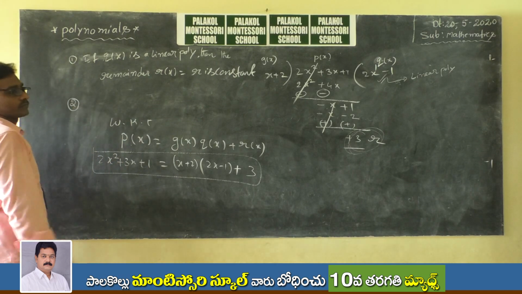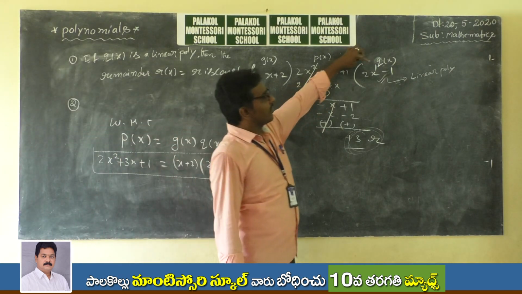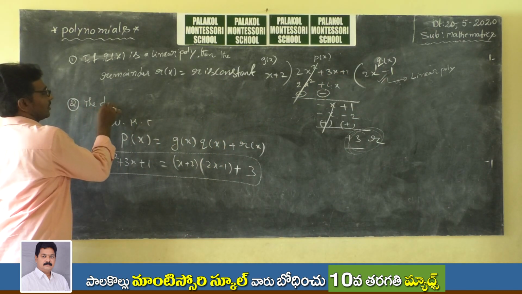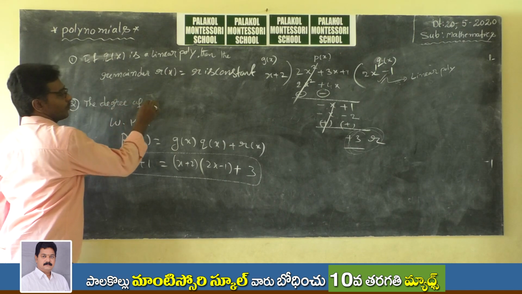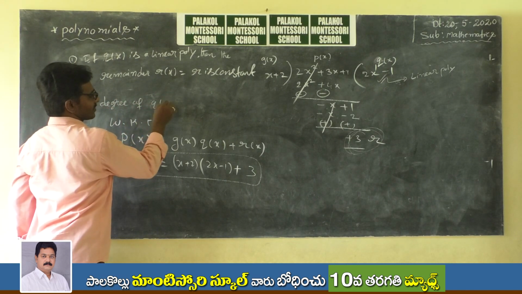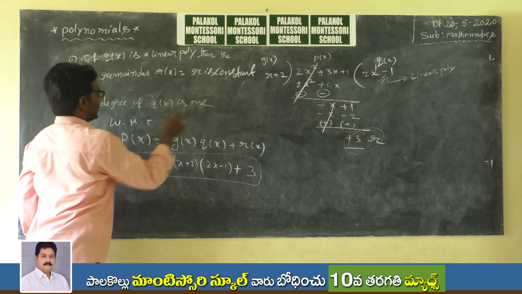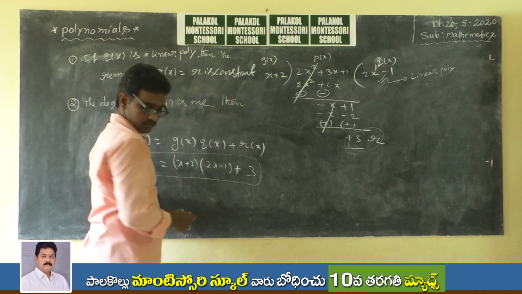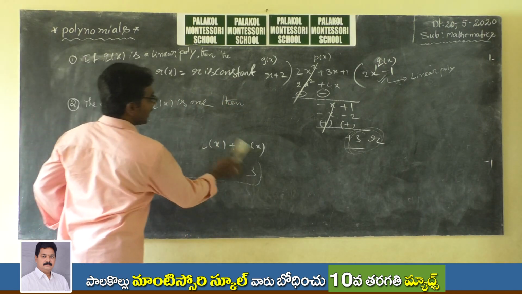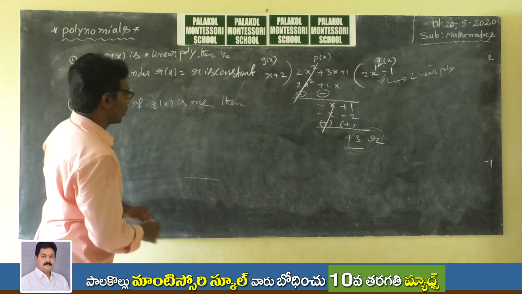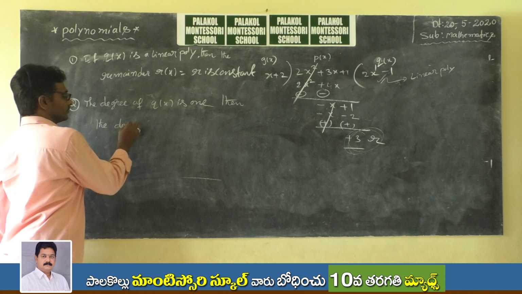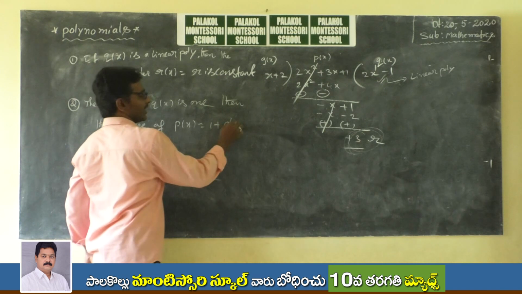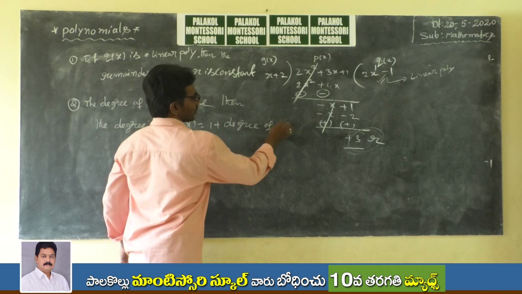Next one. See, what is the degree of the polynomial? 1. So the degree of the polynomial q of x is 1. Then the degree of p of x is equal to 1 plus the degree of g of x.